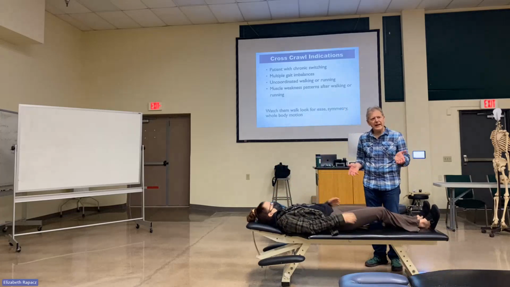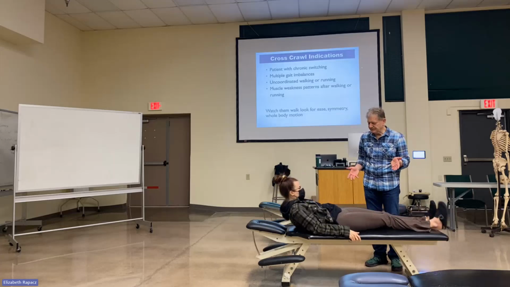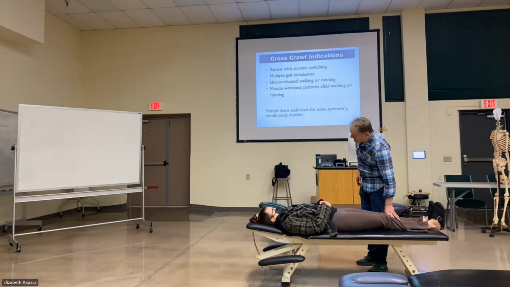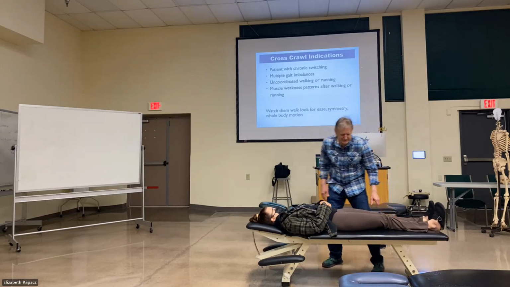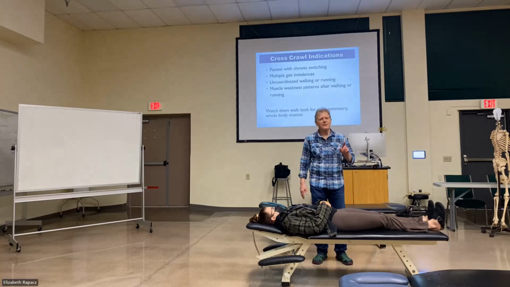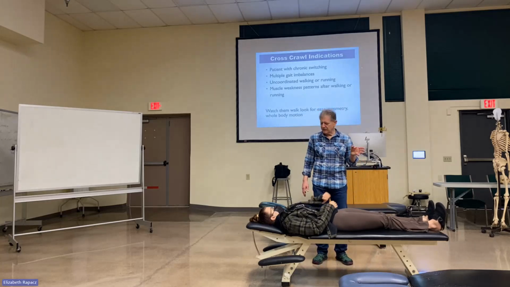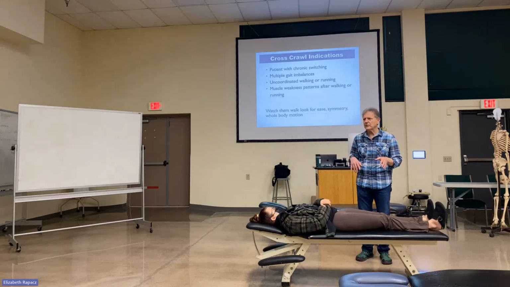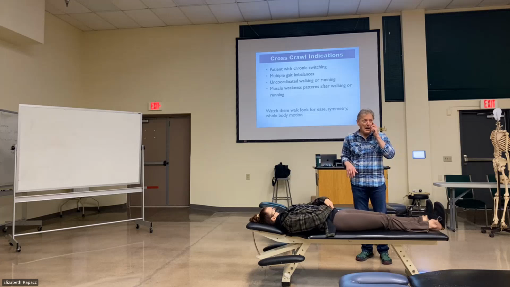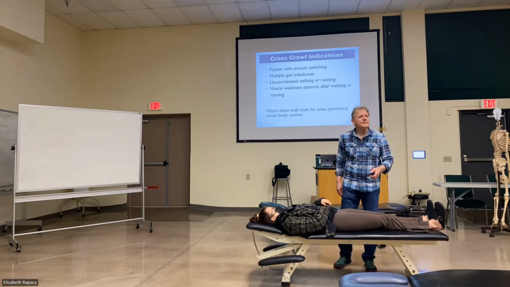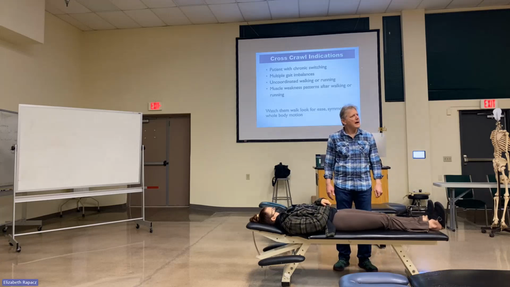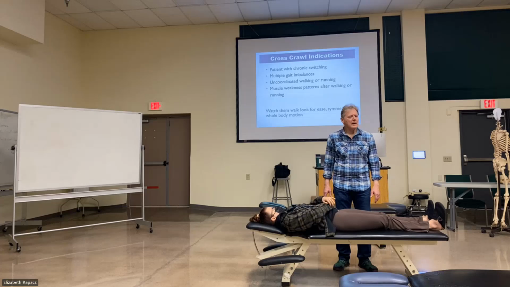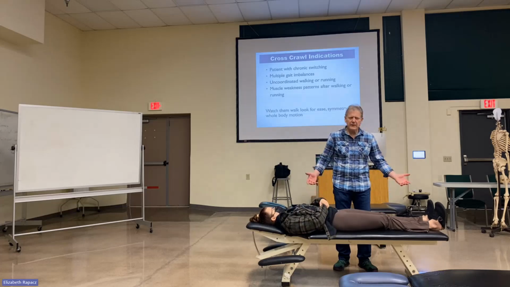What do you think is happening when she cross crawls? What do you think is going on? She's fine, and then she does a completely normal function, and then she goes weak. Well, dural torque, yeah, but what would be causing the dural torque?